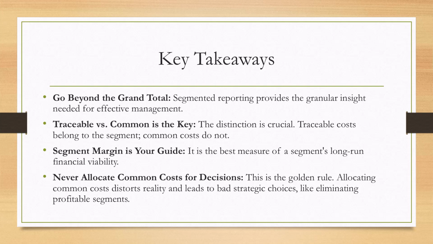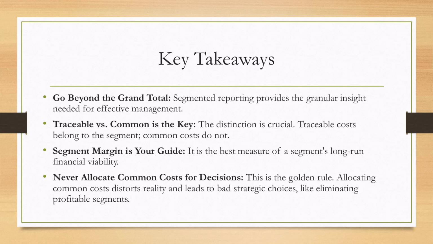Let's summarize our key takeaways from this session. First, go beyond the grand total. Segmented reporting provides the detailed insight needed for effective management. Second, the distinction between traceable and common costs is the absolute key to getting this right. Traceable costs belong to the segment, while common costs do not.